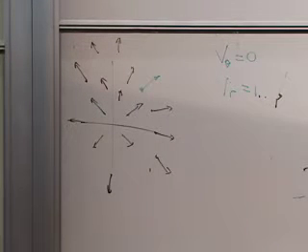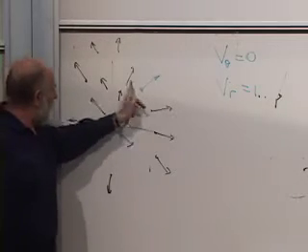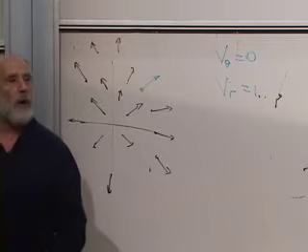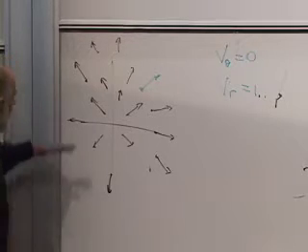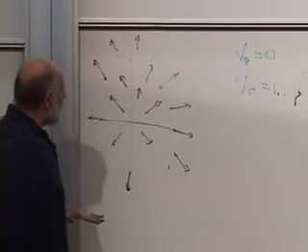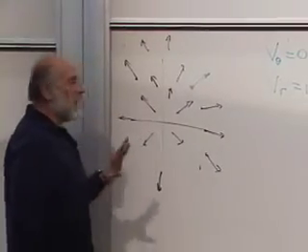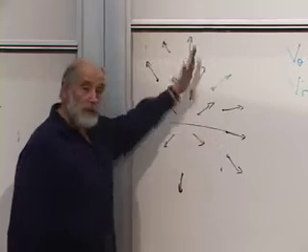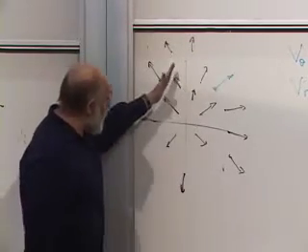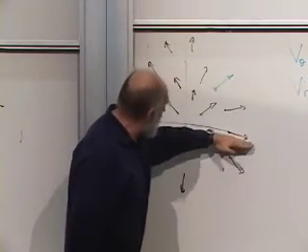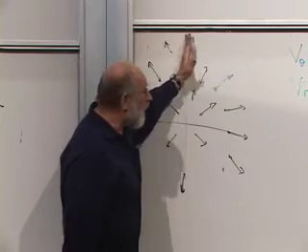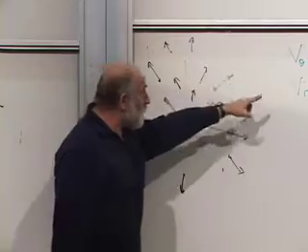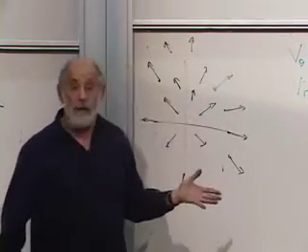It's varying from place to place. Obviously, the vector over here is different than it is over here. So here's an example of a vector field whose components are constant in a particular set of coordinates. Their components would not be constant in Cartesian coordinates. In Cartesian coordinates, here it has an x component, here it doesn't have an x component. But in polar coordinates, the components are completely constant, and yet the vector is not constant.